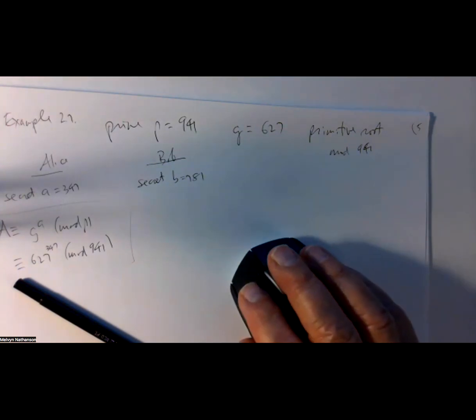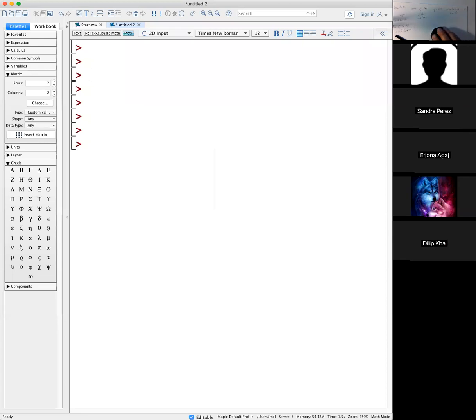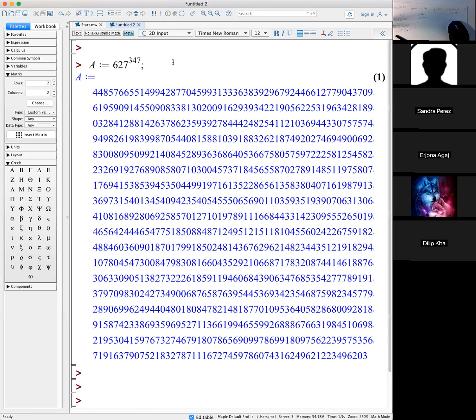Share screen, Maple, share. Okay. So you should see this Maple screen. And the question is, Alice's number A is equal to what? You want to take 627 and raise it to the power of 347. Now, I don't think that Maple can handle a number this big. Oh, it does. Wow. That's that number. What do you know?